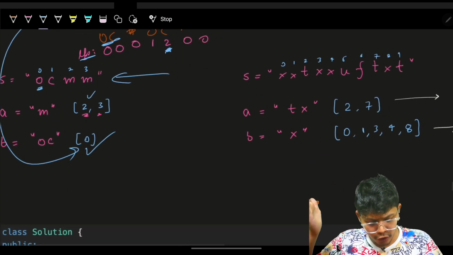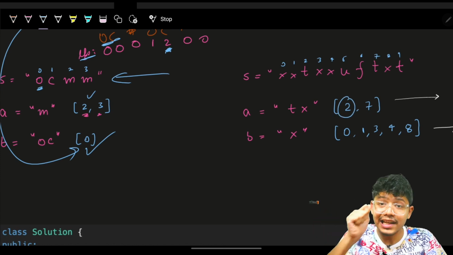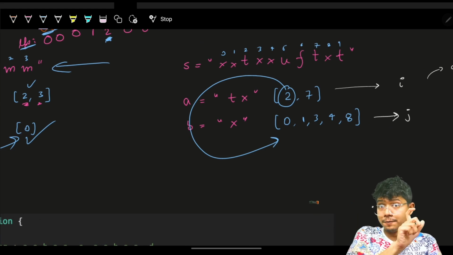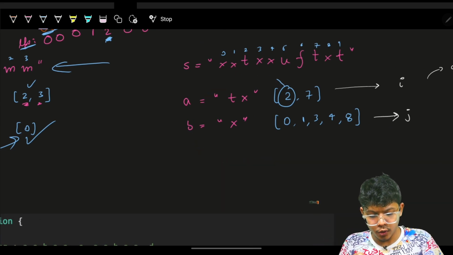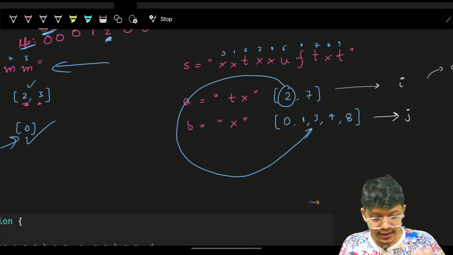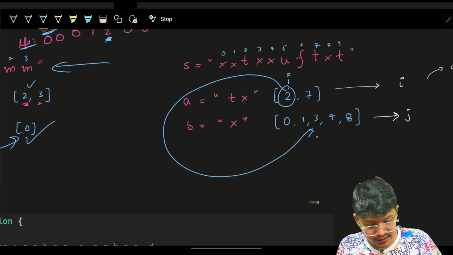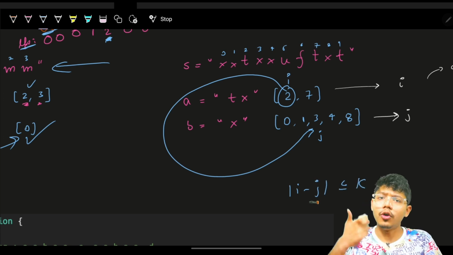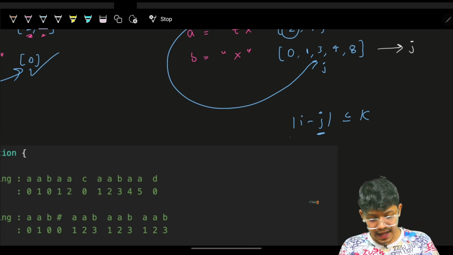Now, when I have got all these values, I know that if I have a 2, I need to do a binary search in my vector of B, which means the LPS array of B, and find the closest number. So I'll do a lower bound and I will land on my number 3. But as I said, if this is the value i and this is the value j, and you want i minus j to be less than or equal to k, you always try to find both higher and lower values because it's an absolute number.